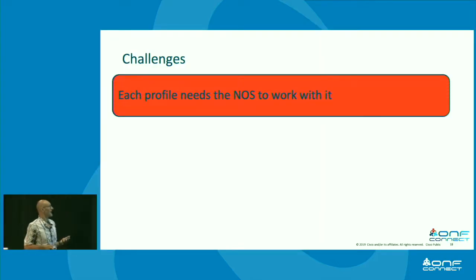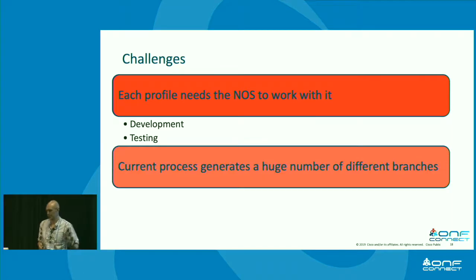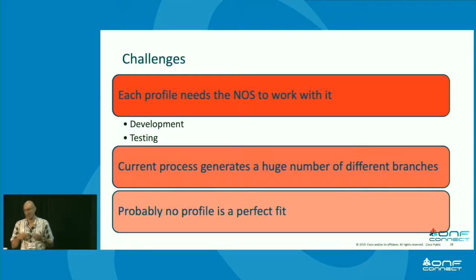Also there are challenges, because if we want to have different combinations of features, each one of them needs to be supported by the network operating system, which means there has to be some development, some testing. If, again, we use the current process to create many different sets of features, vendors end up with a huge number of different branches, and that's difficult to handle. Moreover, none of these profiles will be a perfect fit for any of their customers.